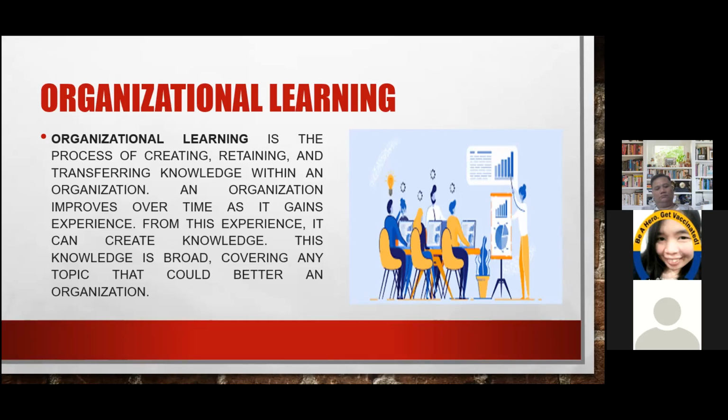Organizational learning is a process improvement that can increase efficiency, accuracy, and profits. A real world example of organizational learning is how a new pizza store will reduce the cost per pizza as the cumulative production of pizza increases.